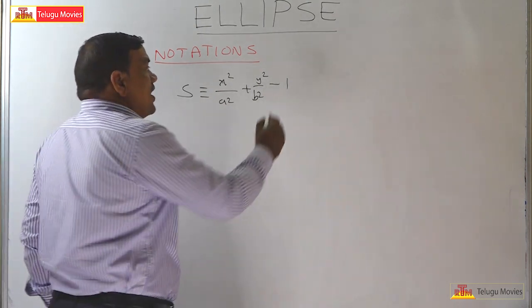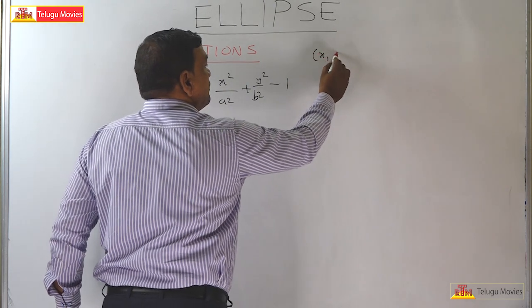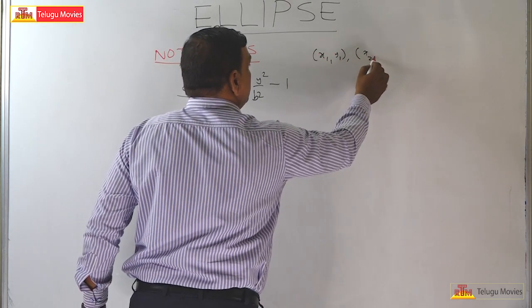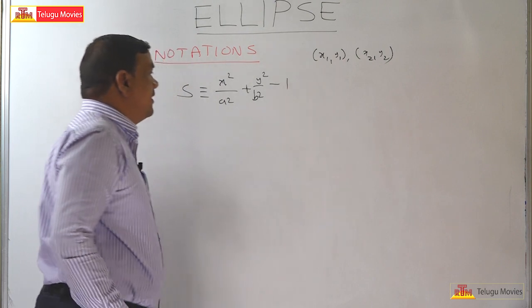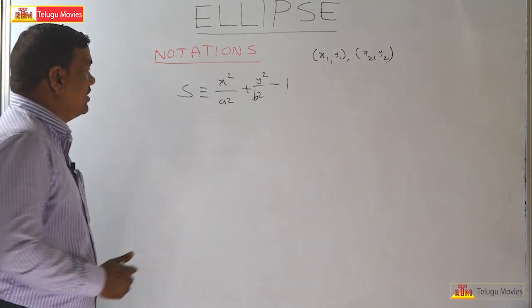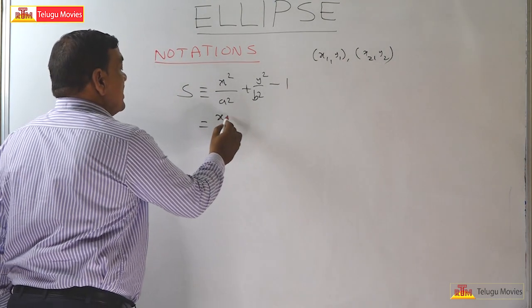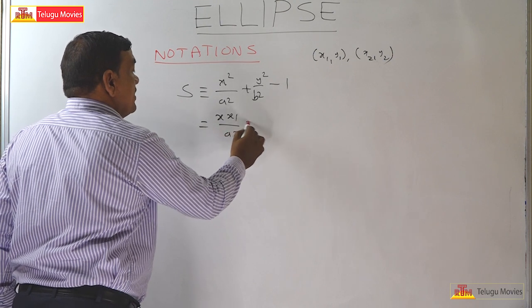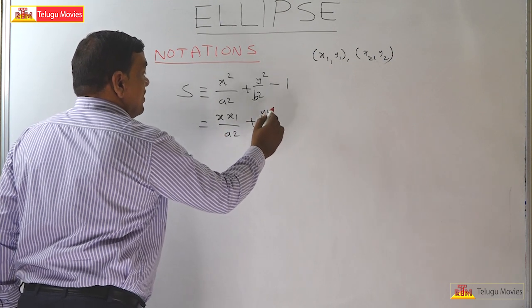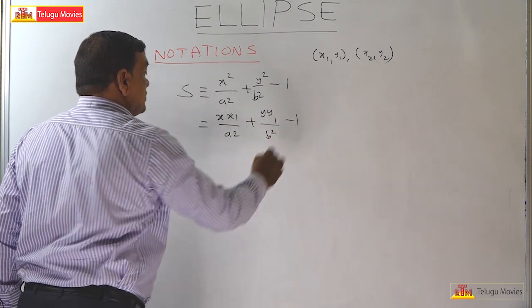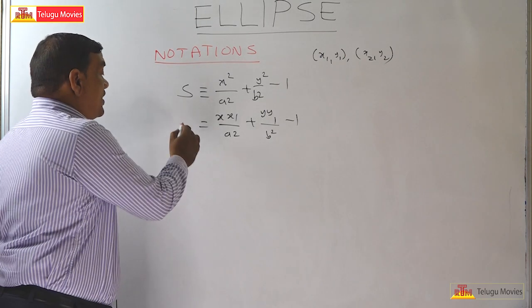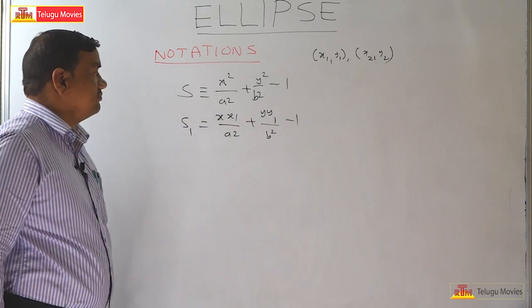Let us take two distinct points, x1, y1 and another point x2, y2. Then the expression x1 square by a square plus y1 square by b square minus 1 is denoted with the symbol S1.